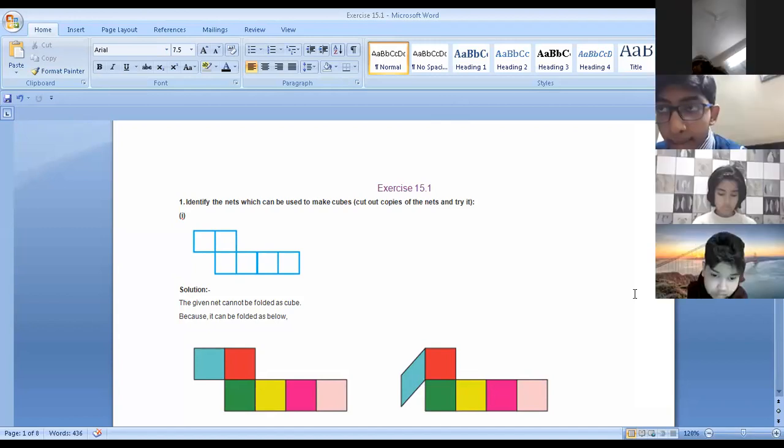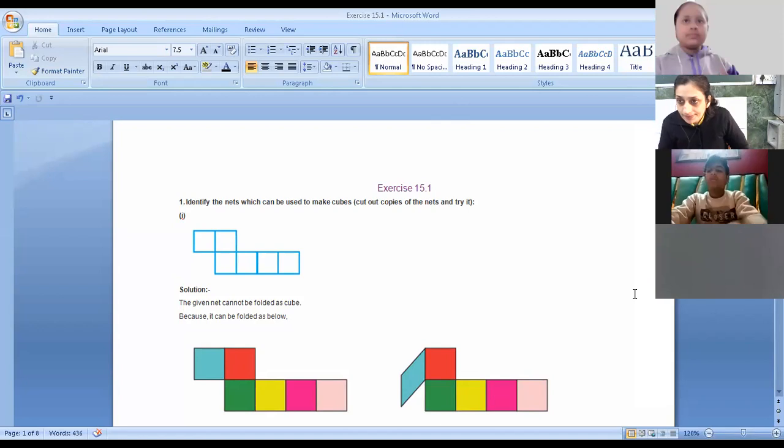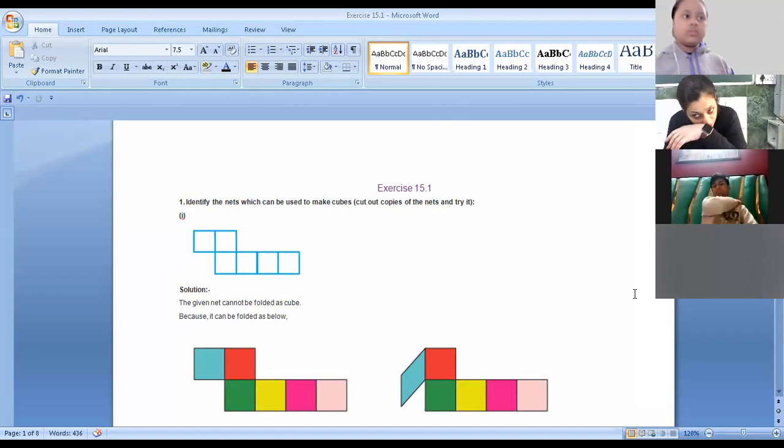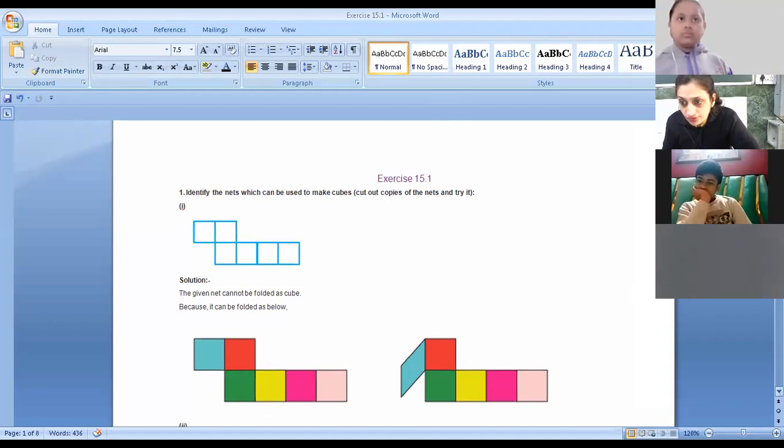Yes, Ananya? Ma'am, it is not possible. Yes, it is not possible to make a cube out of this net because when you try to fold this, it will not make a cube. Let's move to the second figure.